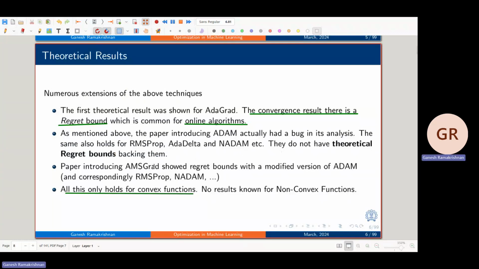So AMSGrad basically showed regret bounds for the modified version of ADAM. Obviously, all these convergence analyses, even with regret bounds, are only for convex functions. But nevertheless, convexity remains of great interest because that's the only window into the space of convergence. I mean, the primary window.